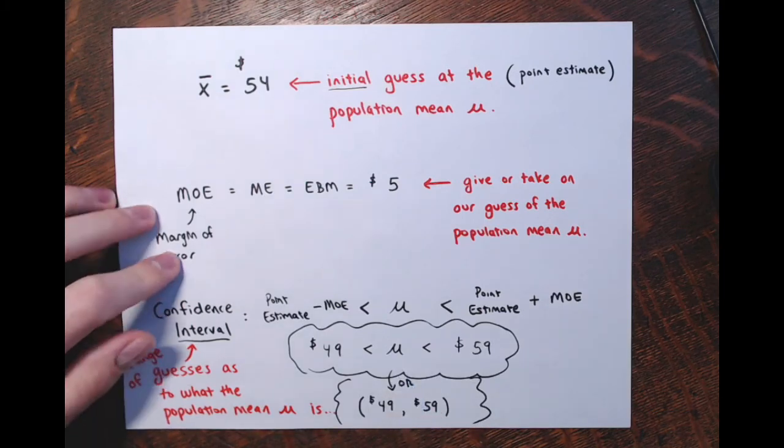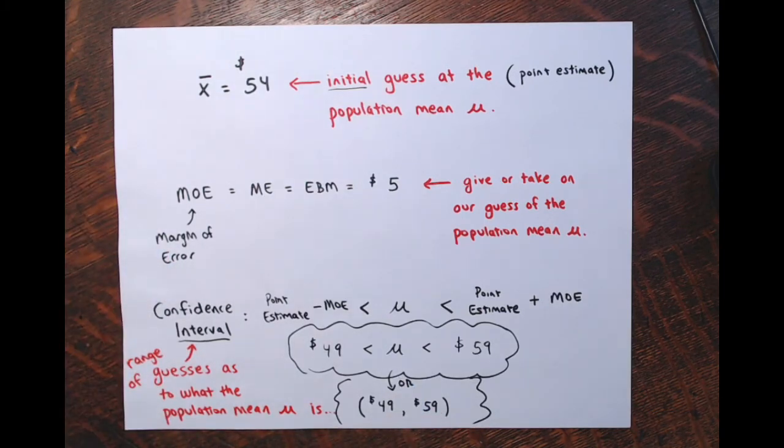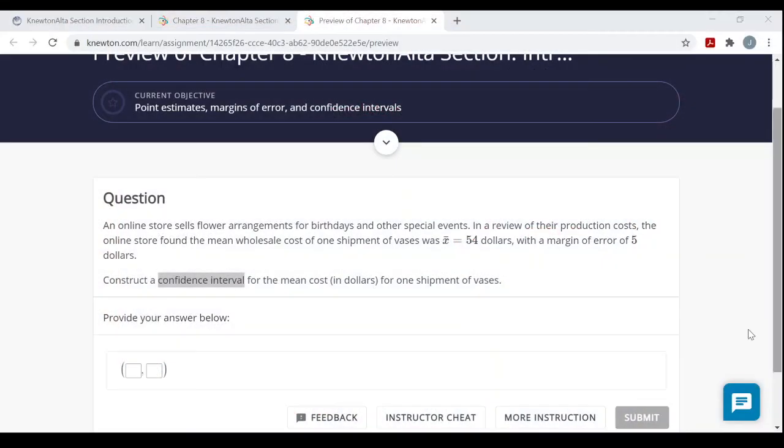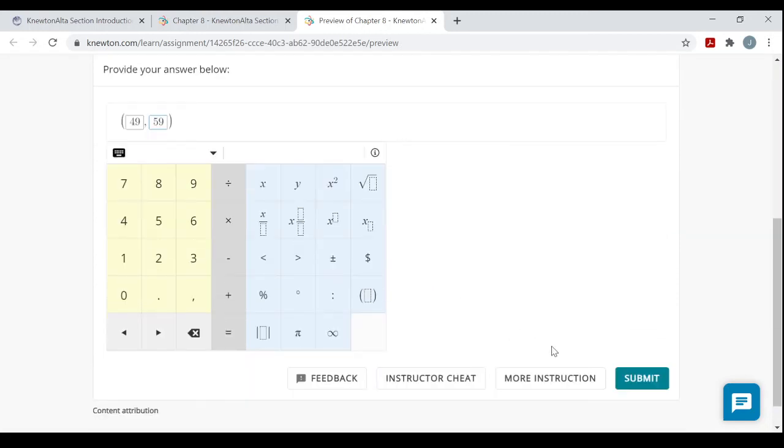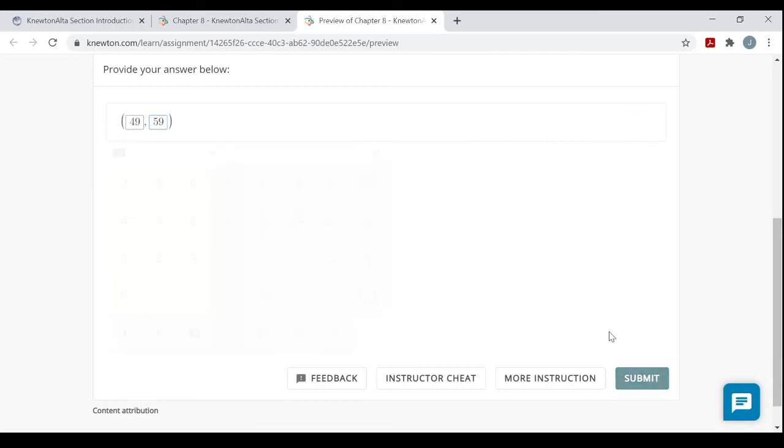We're saying that I'm reasonably certain that the population mean, the true mean cost in dollars of one shipment of vases, is somewhere between $49 and $59 based on the information that was given to me. So for this lower bound I'm putting 49, for this upper bound, 59, and submit.